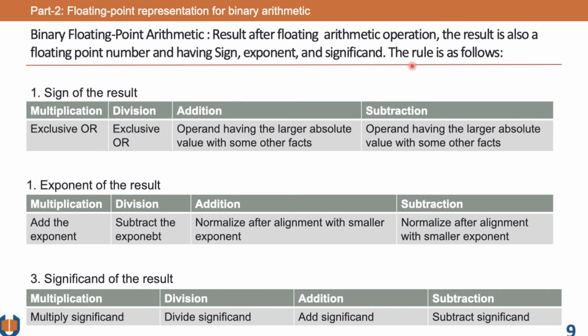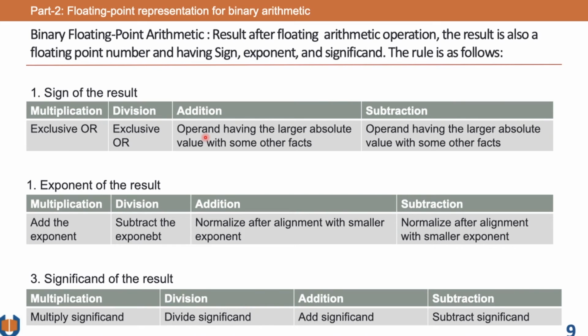Okay, the rules I discussed in the last slide, here I summarize all for you. Let's recap the sign of the result. In the case of multiplication and division, the sign bit of the result will be the exclusive OR of the two operands. In the case of addition and subtraction, the sign bit calculation is more difficult, but the common rule is that the sign will be the same as that of the operand having the larger absolute value.